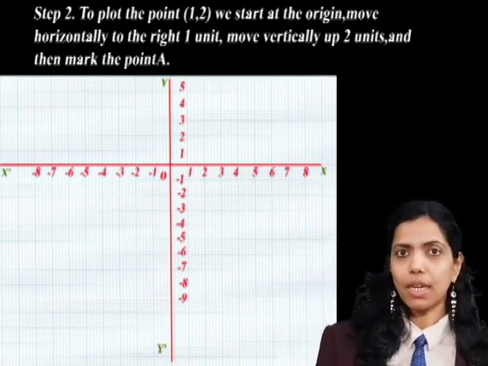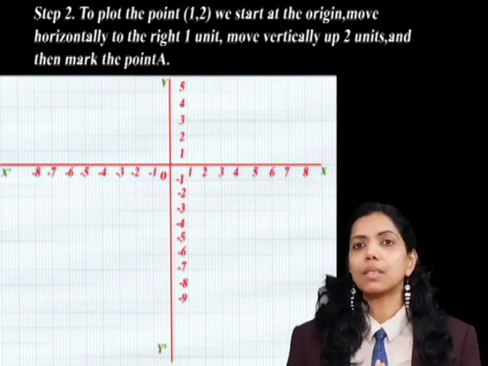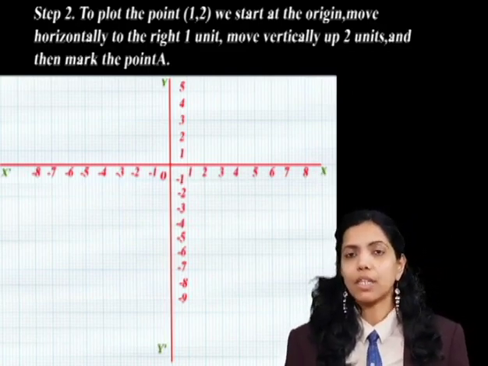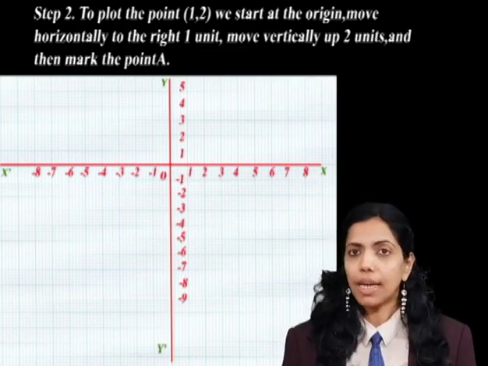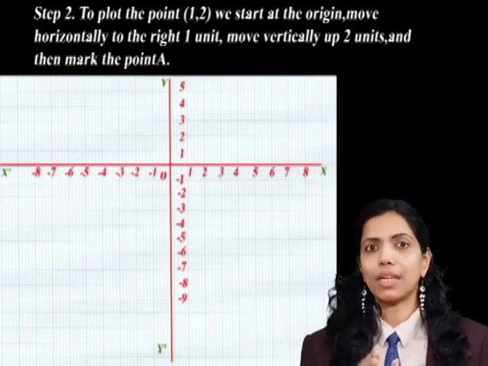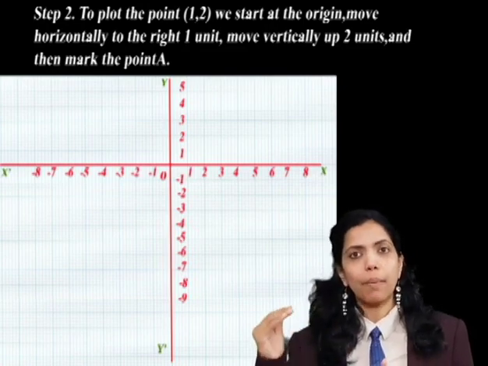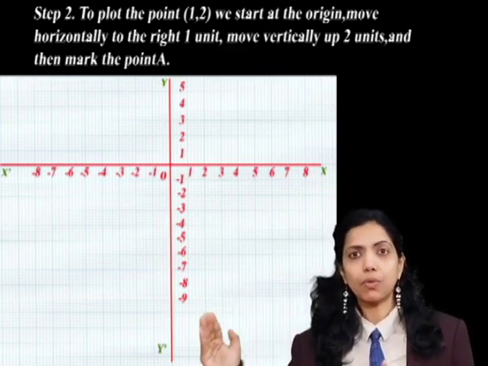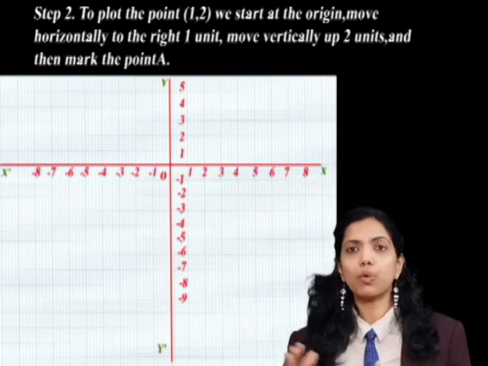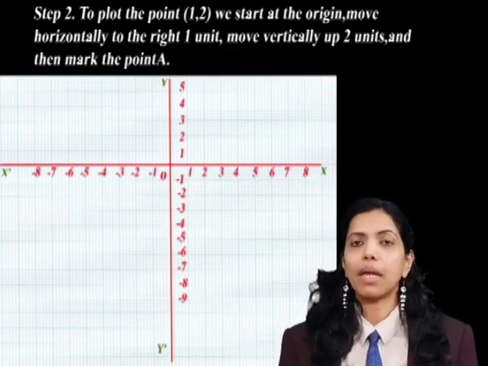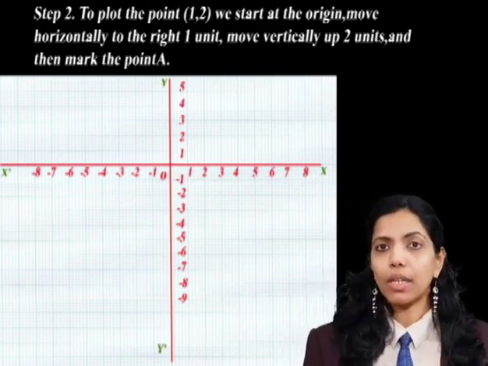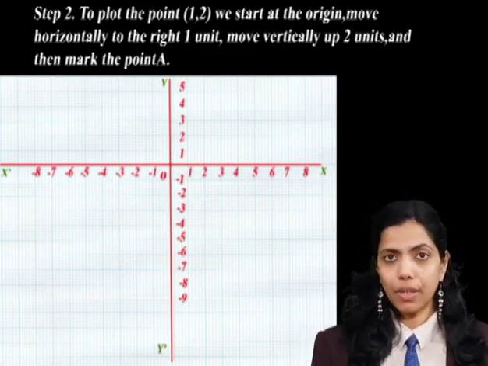And the least value is -7. So in the negative direction of the x-axis, that is OX', we can mark the points -1, -2, -3, -4, -5, -6 up to -7.